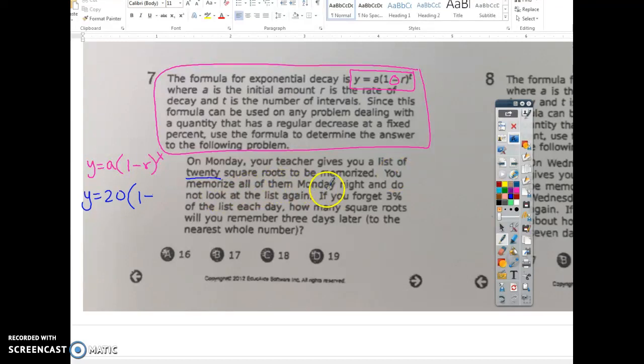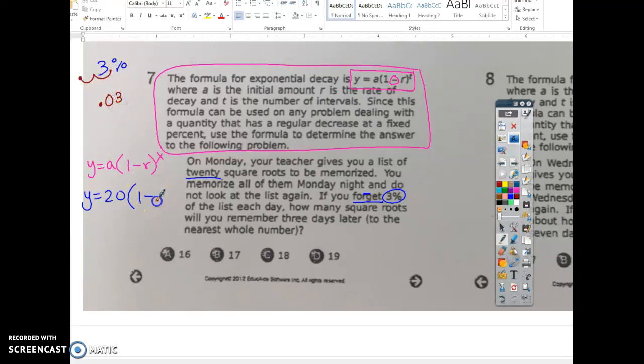You memorize all of them Monday night, and do not look at the list again. If you forget, that's your minus. 3% of the list each day. 3%. Change it to a decimal. So, to the left. That means it's going to be 0.03.